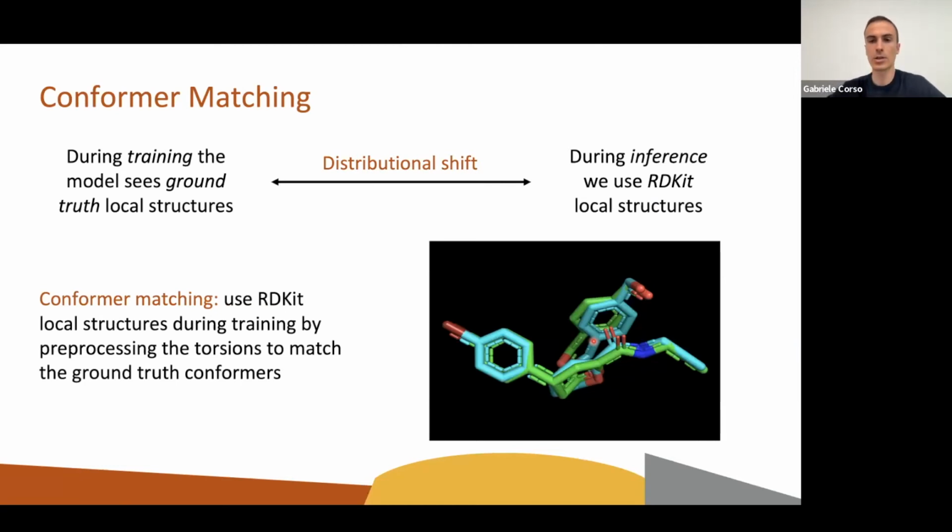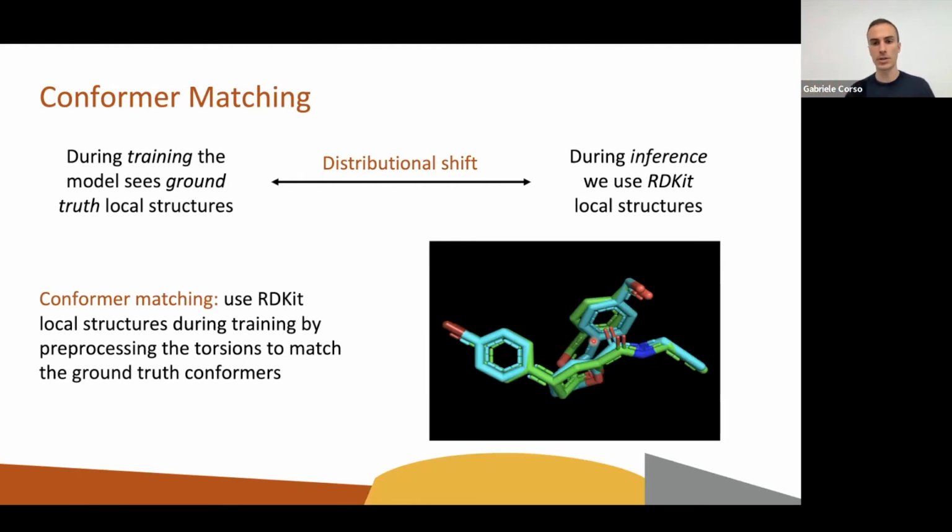So basically, you do this conformer matching to get what you're going to treat as new ground truth structures for your training. And then you're still going to do the same process of perturbing these ground truth, quote unquote, structures and figuring out what's the right score to get back to the right conformer.